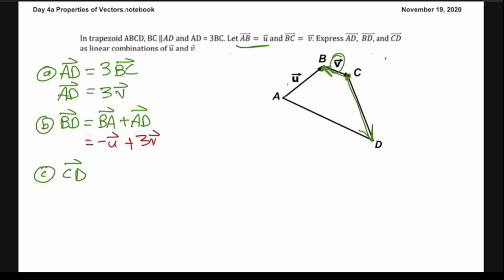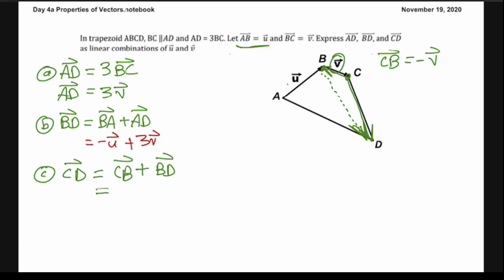So vector CB is going to be -V, and I can go from B directly to D, and I just found that vector in the previous question. So let's represent CD as a combination of other vectors that are being added together. So I'm going to have vector CB, and I'm going to have vector BD.